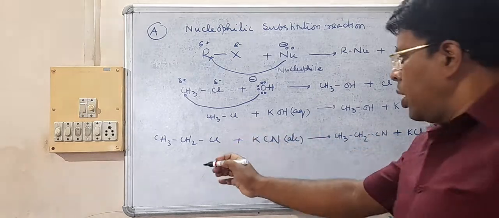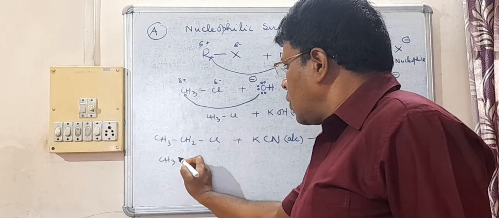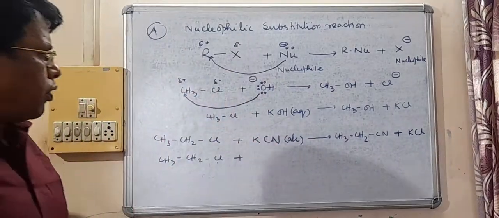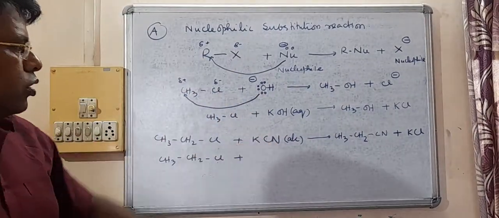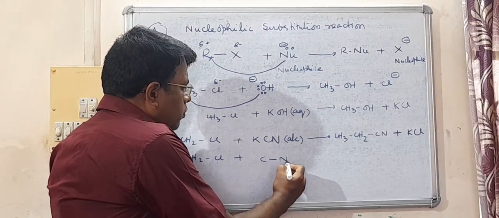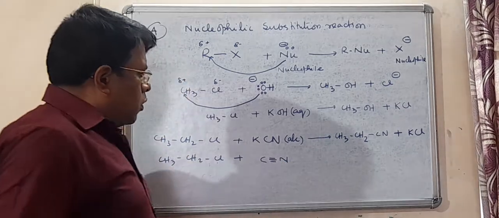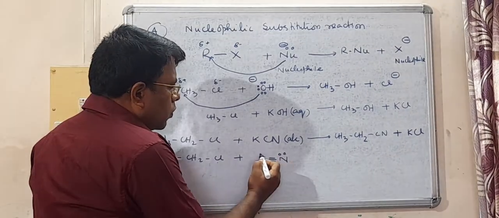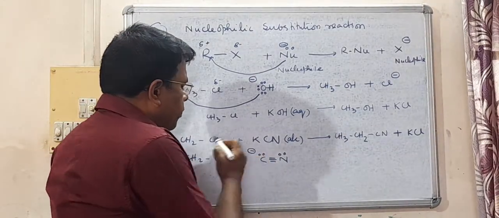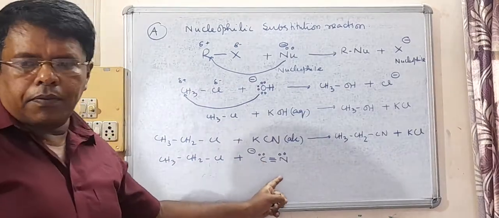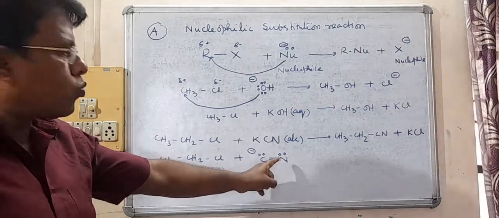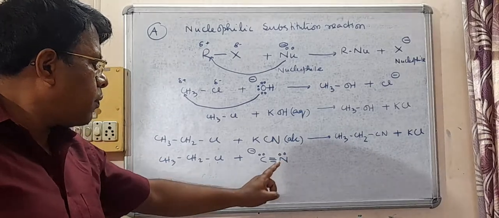Or this reaction can also be written like this: CH3CH2Cl plus the cyanide ion. Cyanide ion is a nucleophile. I am drawing its structure. You see, nitrogen has 5 electrons in the outermost shell, 1, 2, 3, 4, 5.